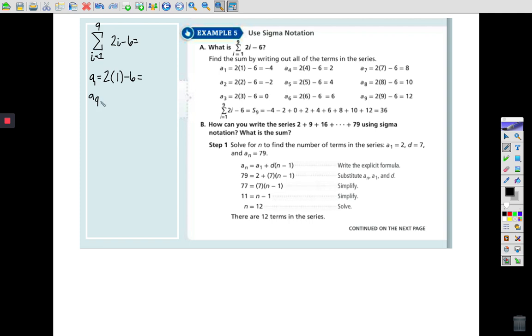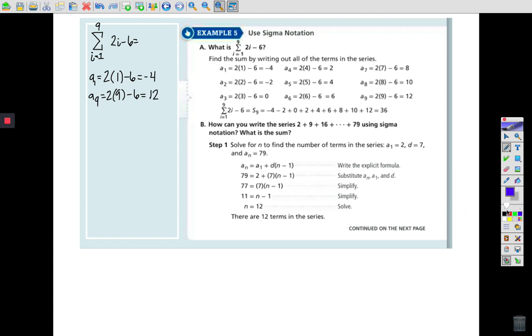There's only 9 terms, so that means 2 times 9 minus 6 is going to be my last term. So what is your first term equal to? Negative 4. My last term is equal to 12, right?